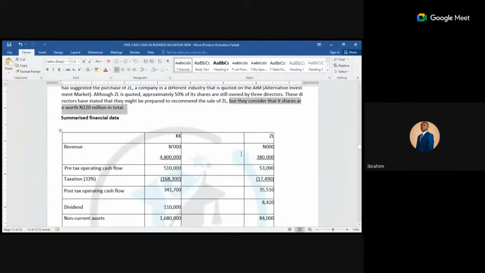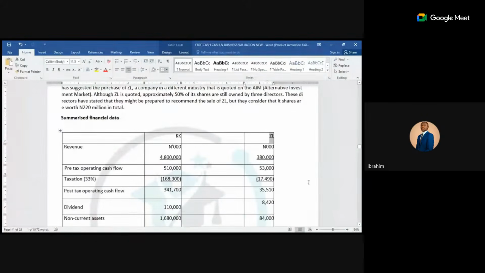Plus, we have the summarized financial data. This is for the acquiring company, or let's say the main company. This is the main company, and this is the company they want to acquire, that is the target company.